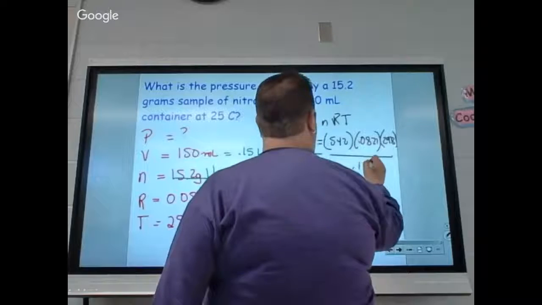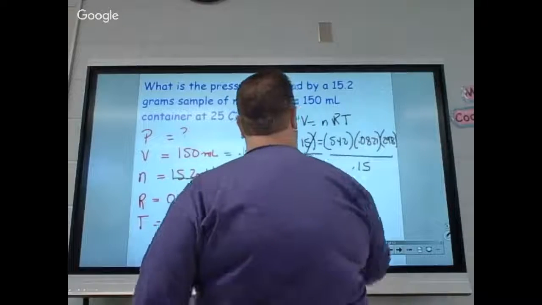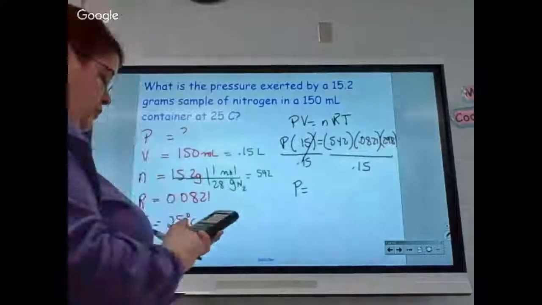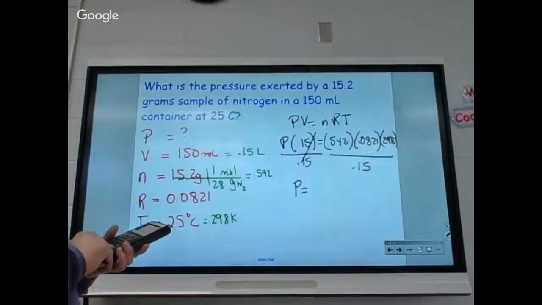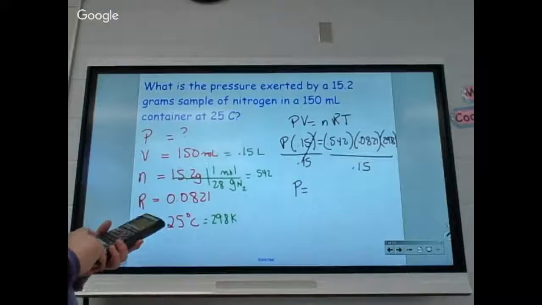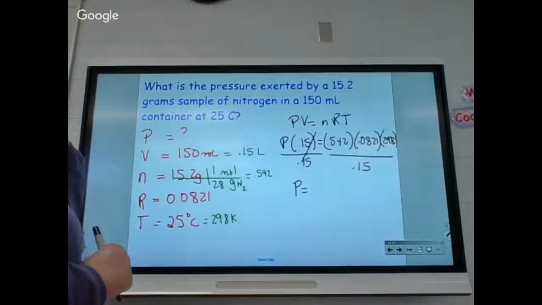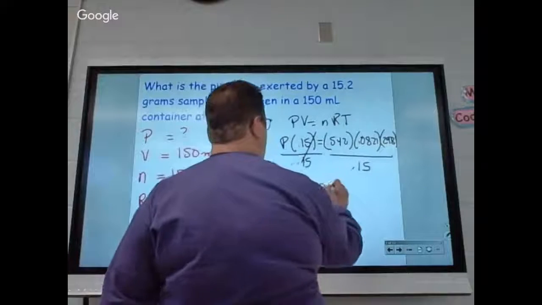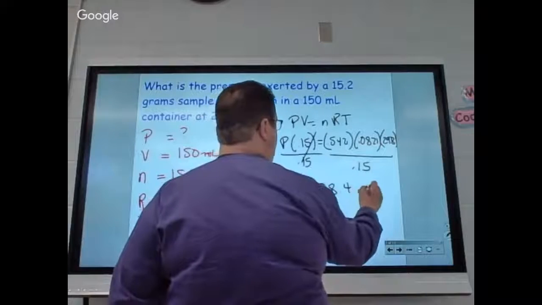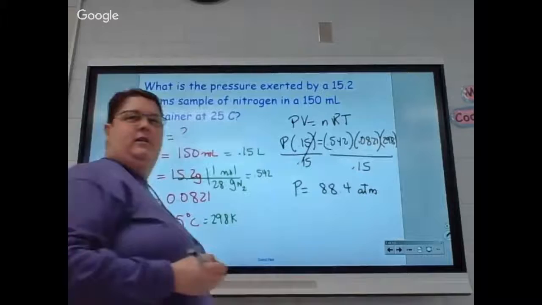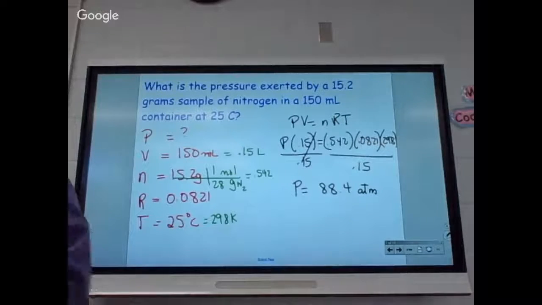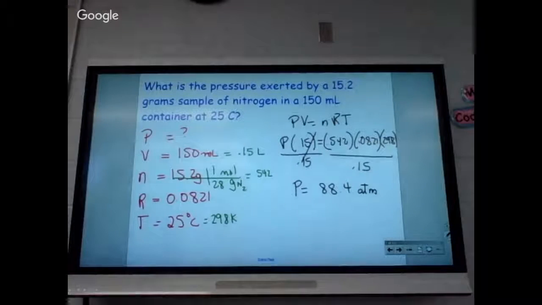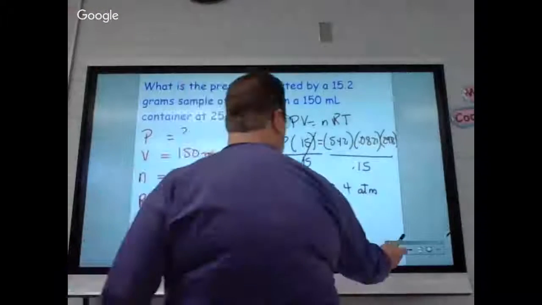So pressure is 0.542 times 0.0821 times 298 divided by 0.15, which is 88.4. 88.4, and then atm for our unit, because that's the unit for pressure. Everybody okay with that and how I did it? Yes.